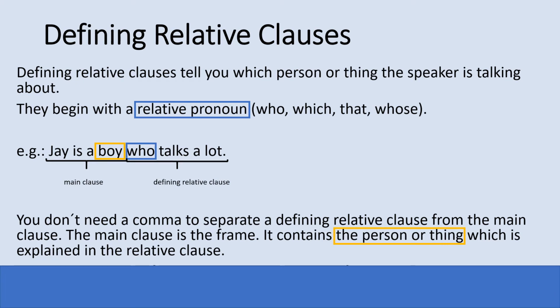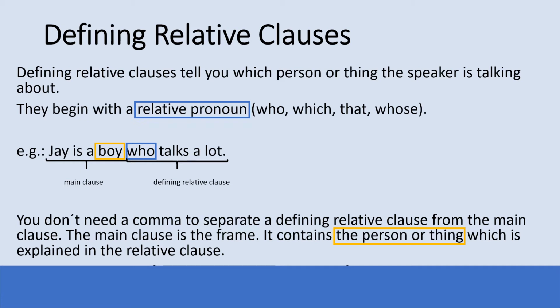Please pause the video and write down the headline Defining Relative Clauses in your folder under Grammar. Then write down this rule. Defining relative clauses tell you which person or thing the speaker is talking about.